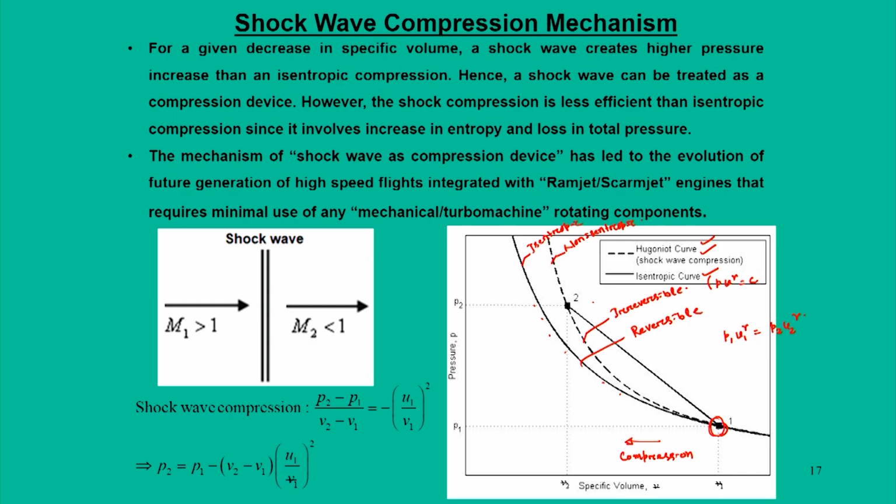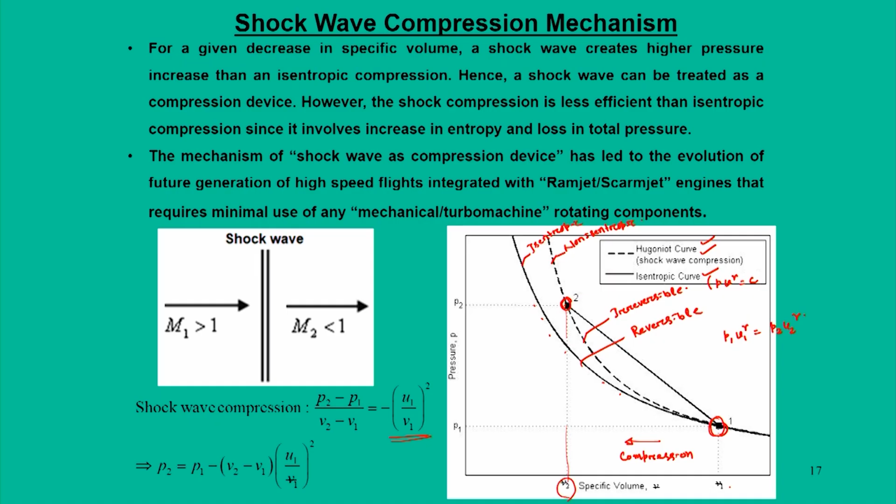Similarly, on this Hugoniot curve we can draw a slope, that is the negative slope u 1 by v 1 square, and wherever it crosses we say it is point 2. Now, from point 2 you draw a vertical. So, that value is V 2.